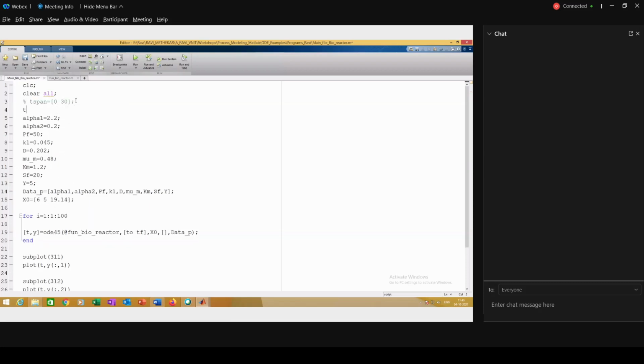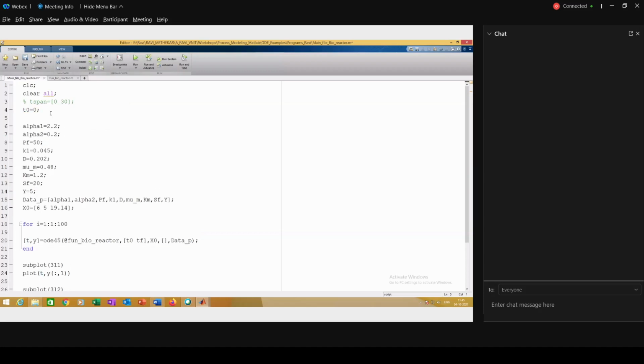So I'm writing T0 equal to 0. And now I'm writing TF. The difference between T0 and TF is the sampling time.